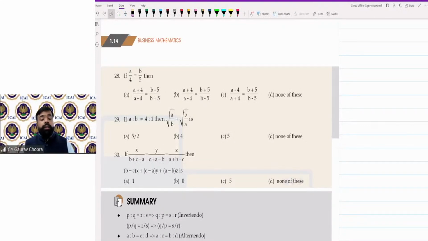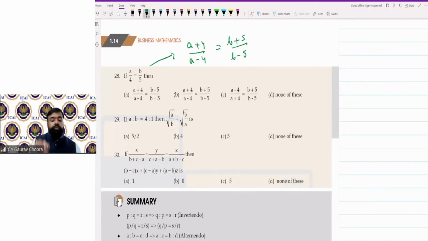Since plus and minus both signs are available, you have to apply componendo and dividendo. So if you apply componendo and dividendo, it will be (a plus 4) upon (a minus 4) equal to (b plus 5) upon (b minus 5). So according to this, which is the correct option? Option number B.